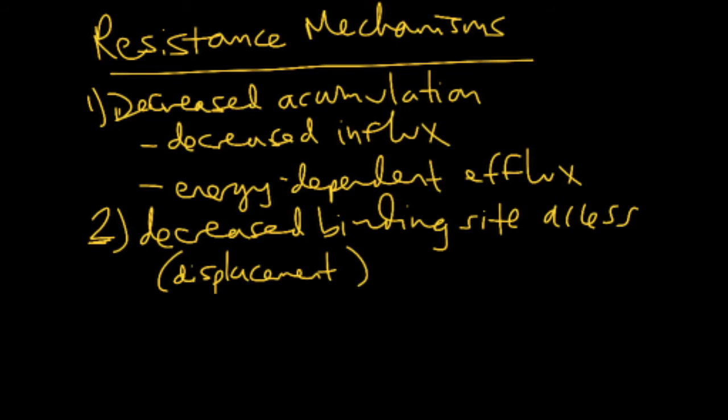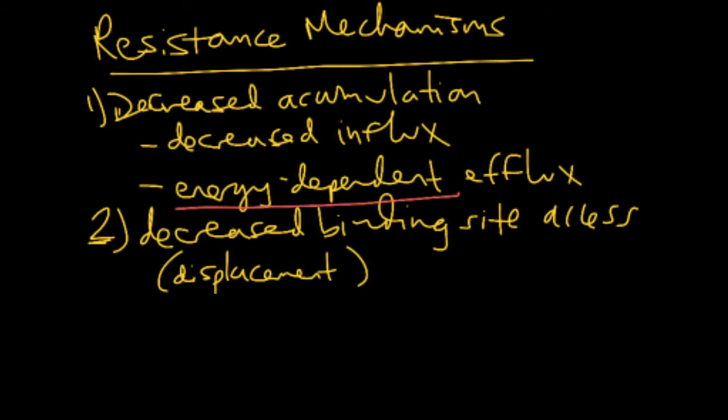One is decreased accumulation, and 2 is decreased binding site access. So number 1, bacteria have either decreased the influx of tetracyclines, or they have pumped out or effluxed tetracyclines in an energy-dependent manner. So they use ATP. So it's energy dependent, remember that.